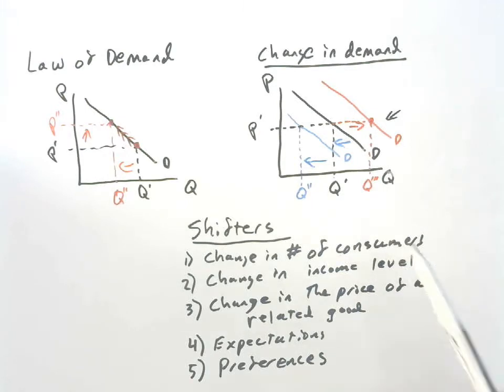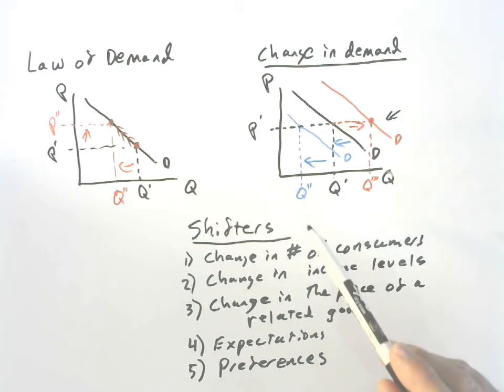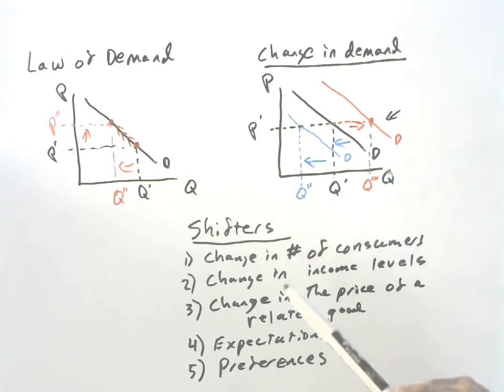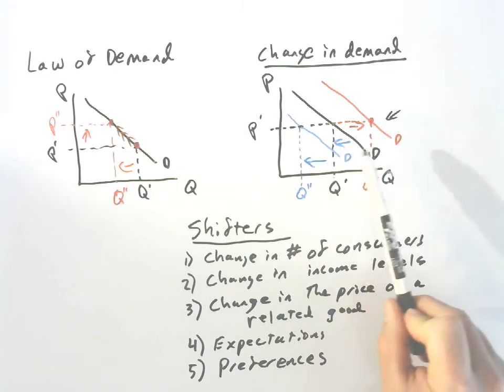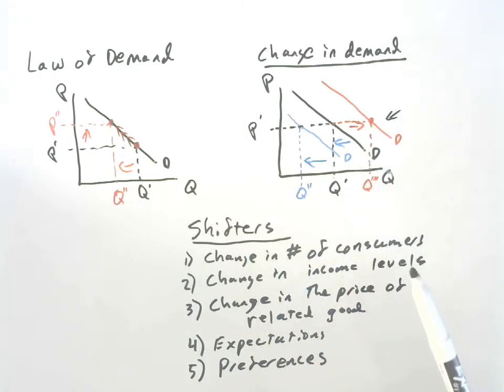If we add more consumers into a market, what happens to the demand for a product? If we subtract consumers from the market, what happens to the demand for a product? If we change people's income levels, say by changing income tax rates, how would that affect the market demand for a product?